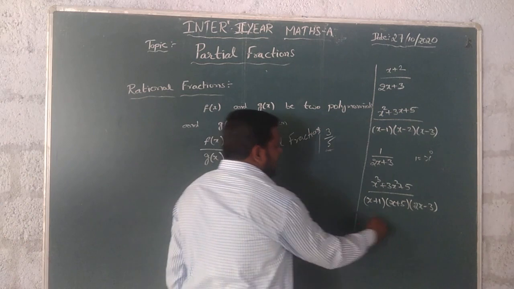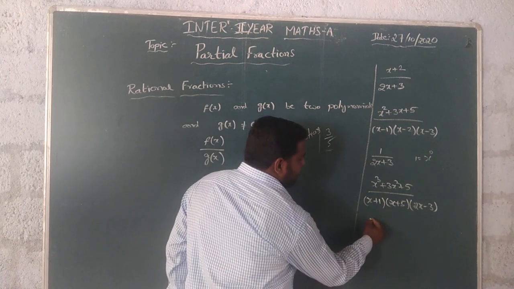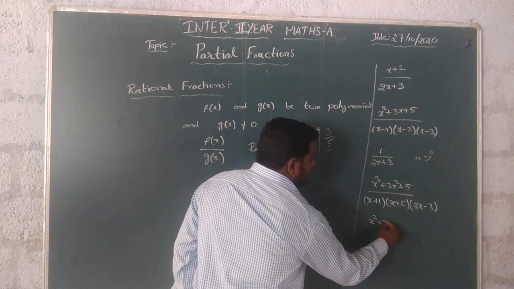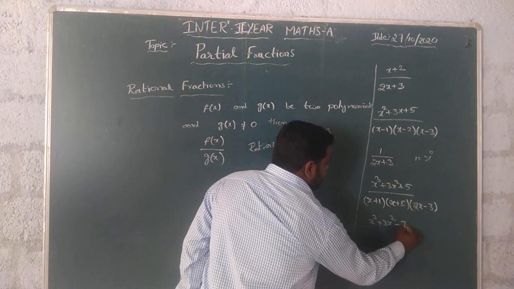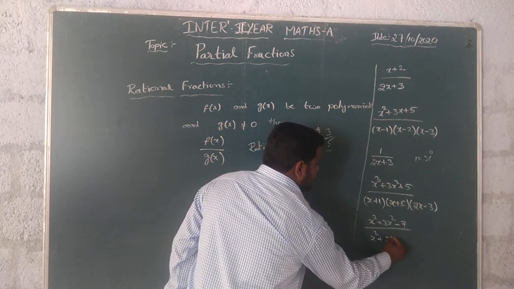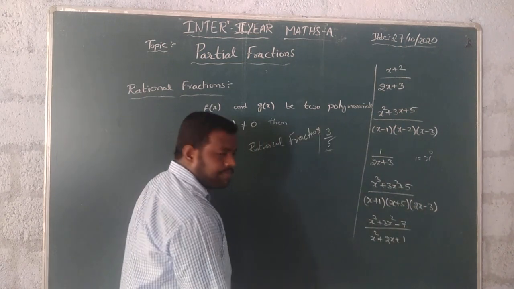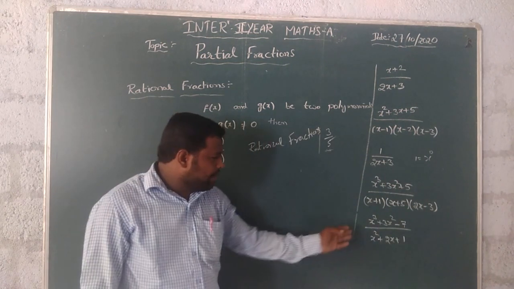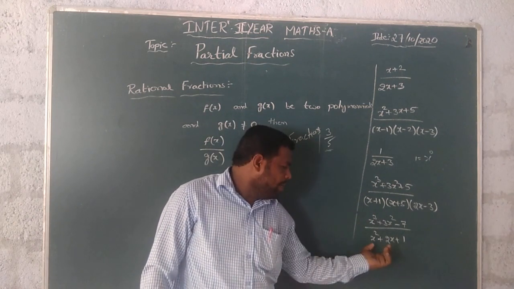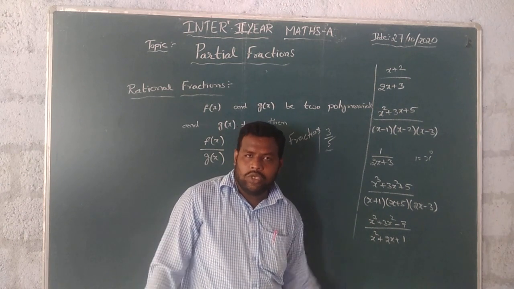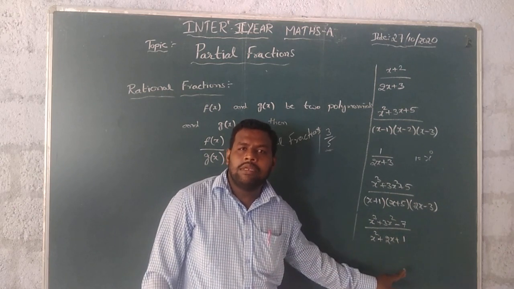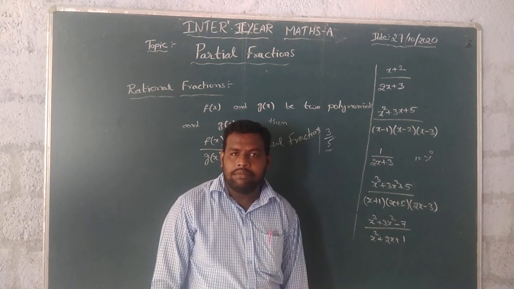Okay, we can write another example for a rational fraction: x cube plus 3x square minus 7 by x square plus 2x plus 1. In this example, the numerator degree is 3 and the denominator degree is 2. So in this case, the degree of numerator is greater than the degree of denominator.